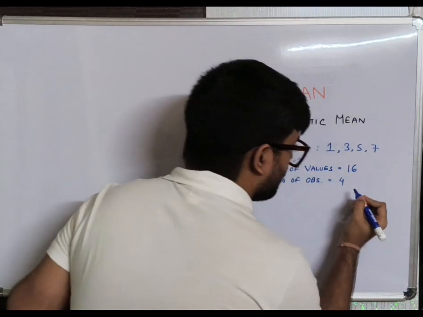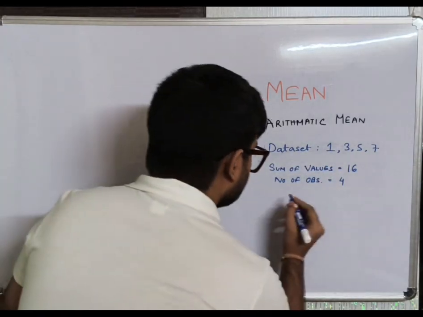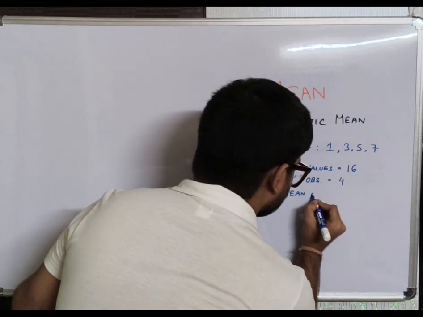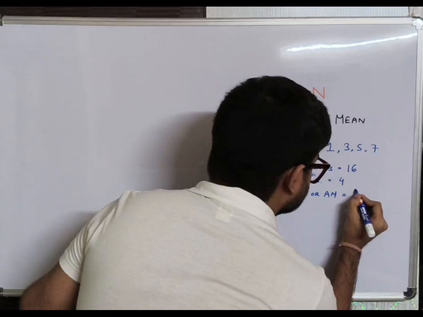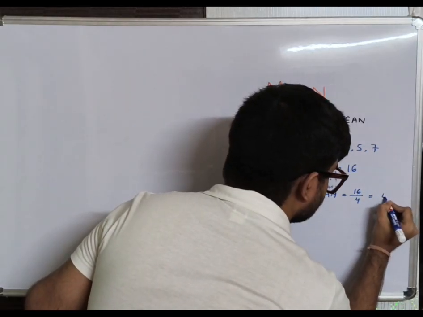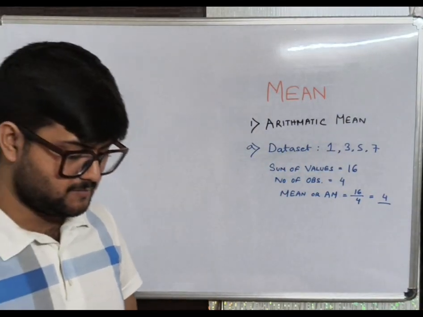So there are 4 observations and the sum of the values is 16. So now the mean or arithmetic mean will be simply the sum of the values divided by the number of observations, that is 4. So 4 would be our mean or arithmetic mean.